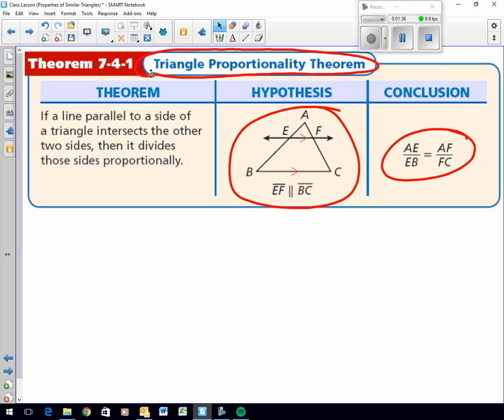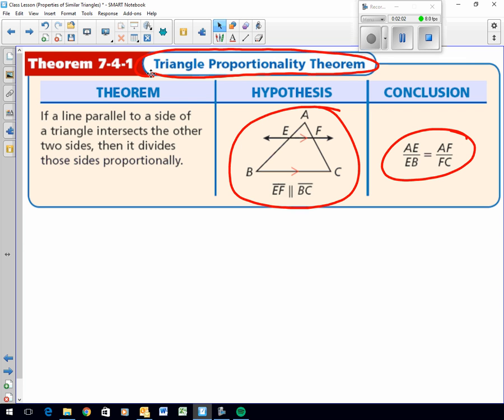Okay, my triangle proportionality theorem says if a line parallel to a side of a triangle intersects the other two sides, then it divides those sides proportionally. When you draw your diagram, I want you to think through this definition.